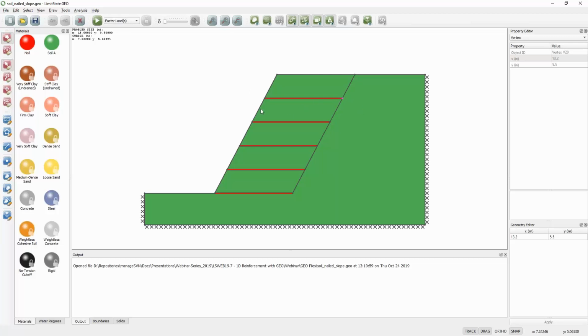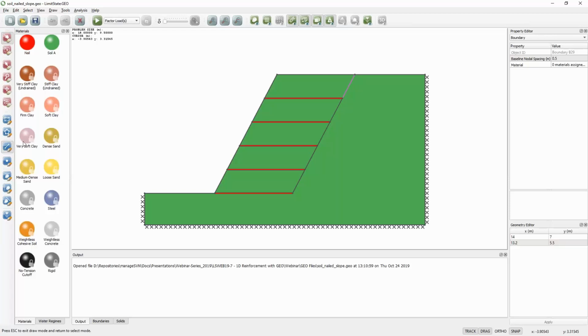The way the software works is that soil nails are applied to boundaries, so they must be modelled on boundaries, and because those boundaries must always meet other boundaries, that's why you have to have a boundary there, rather than these items being missing. It doesn't make a very big difference to the analysis having this boundary in, but it is necessary to draw that in.